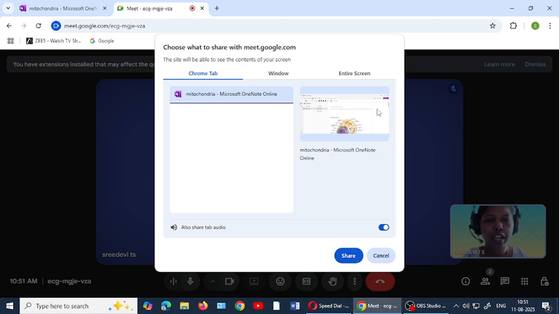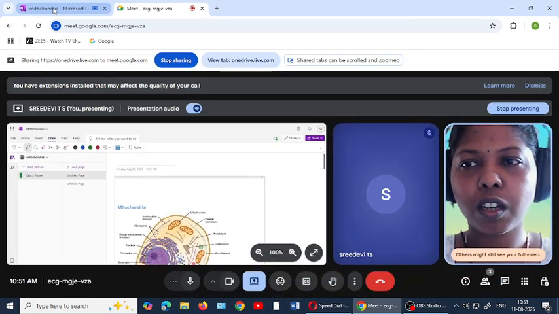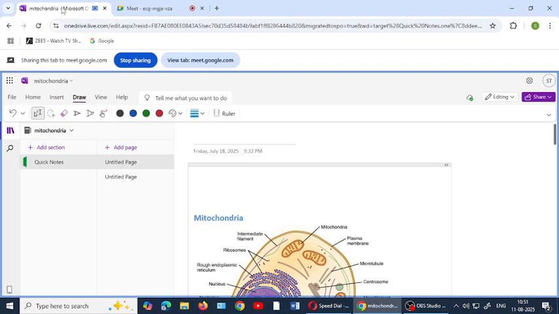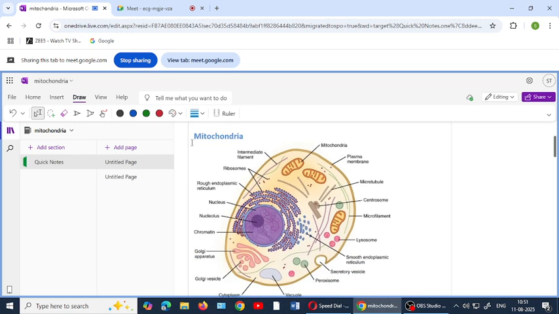So I will share the screen. Okay, hope you can see the screen correctly. Okay, fine. So mitochondria, I think you heard about mitochondria in your previous classes because it's one of the important organelles of the cytoplasm of a cell. Okay, so in this picture you can understand where mitochondria is located.